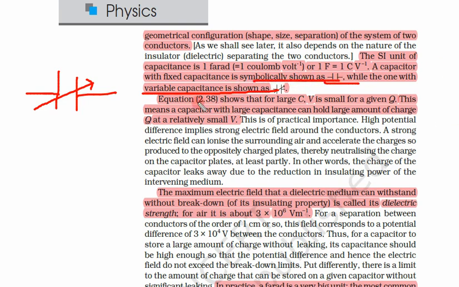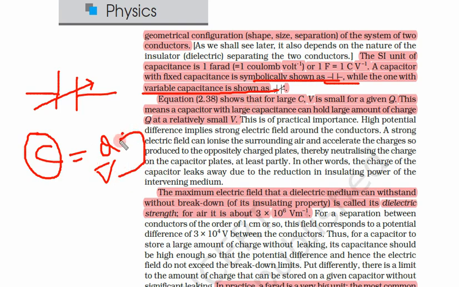Okay. So now the equation, C is equal to Q by V. This is equation 2.38, and it shows that for large C, how can we get C large? If V is small and we get higher Q, higher charge for small potential, then capacitance would be large.